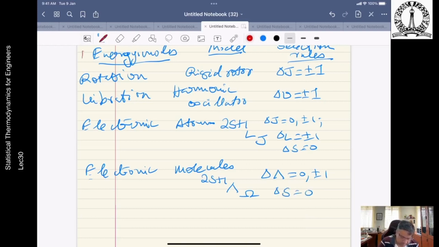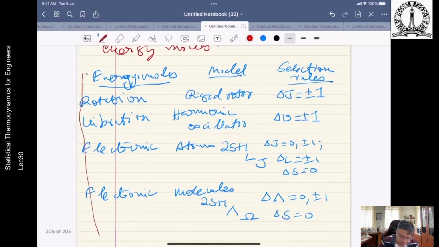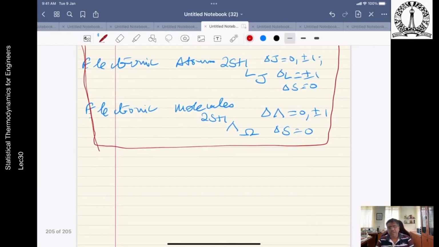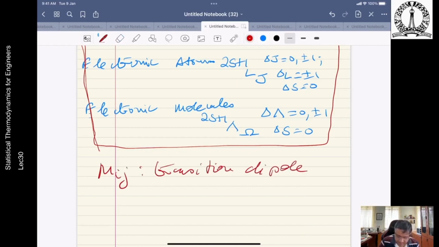These are the different modes. And in the evaluation, we remember that Mij is called the transition dipole moment. If this is equal to 0, then those transitions are not possible in the first place.